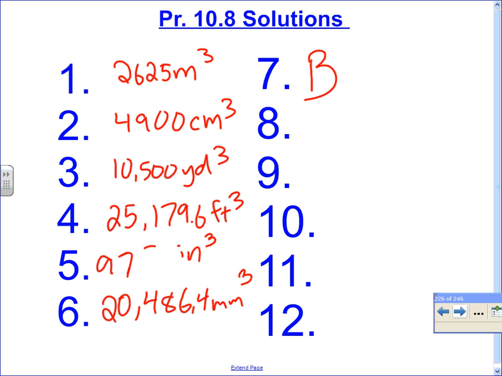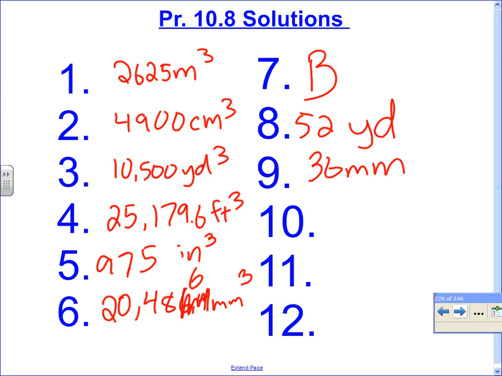I tell you guys to. Number 8, you got 52 yards. Okay, good. Number 9, Doug. No, just 36 millimeters. You're finding the height. Okay. Justin, 10? No. Matt, 10? Good. 51 meters.